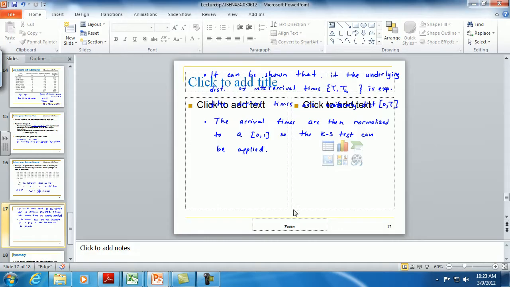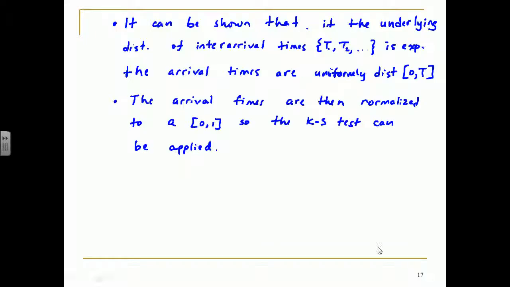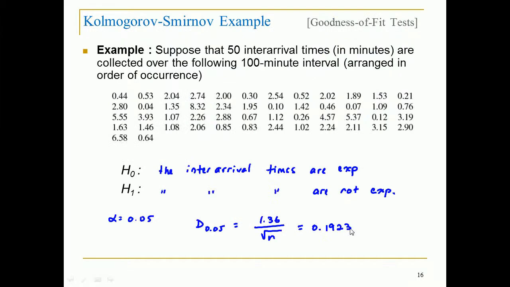So let me go back here and write that down. We compute D, and that is equal to 0.1054. So H0 cannot be rejected.